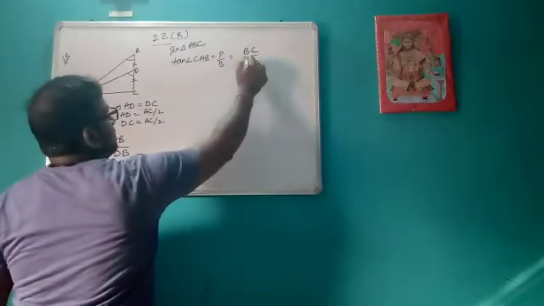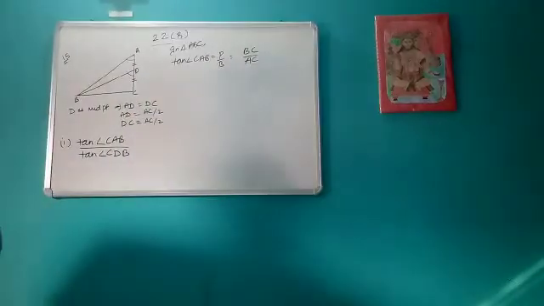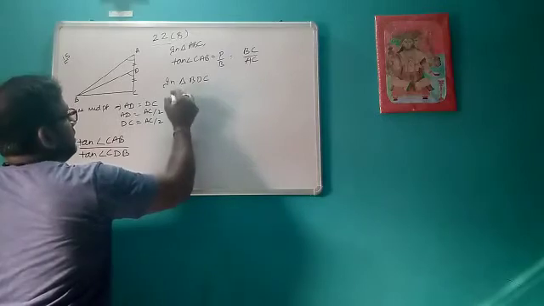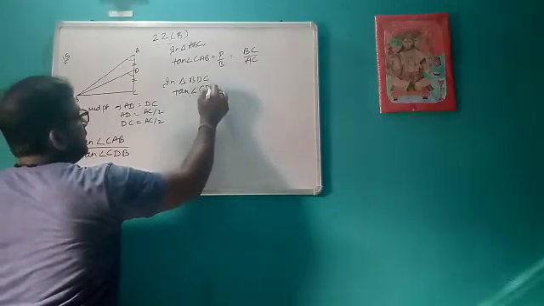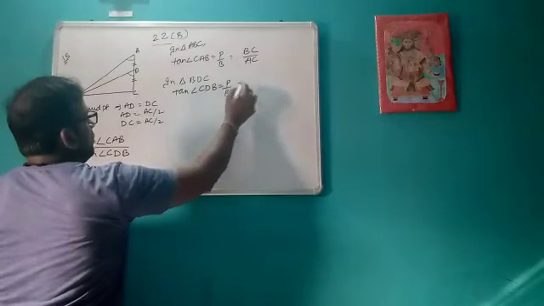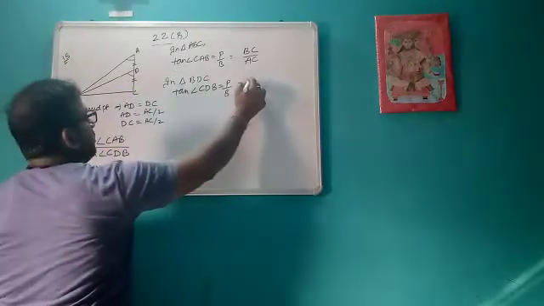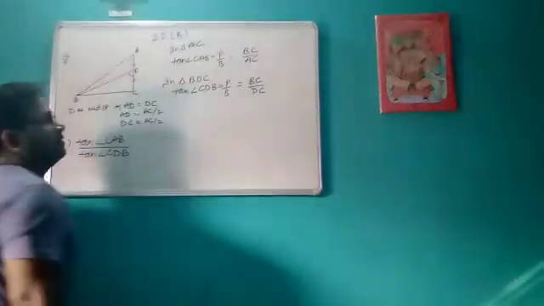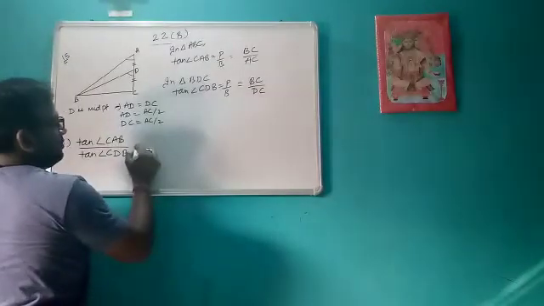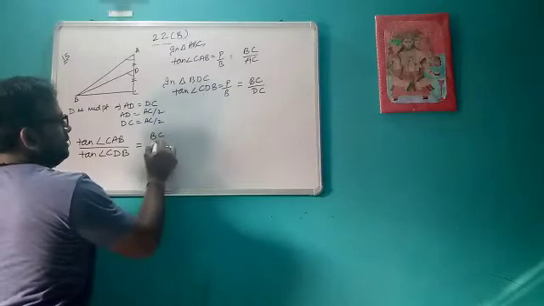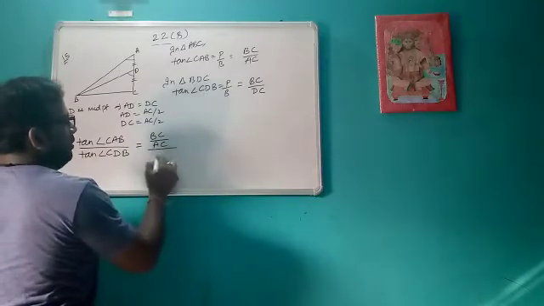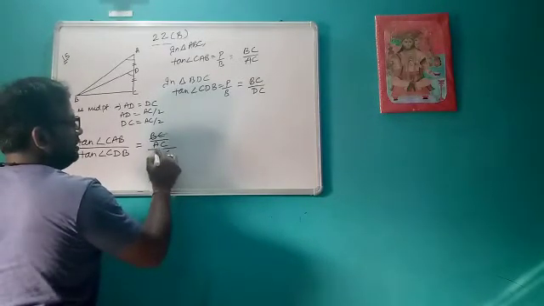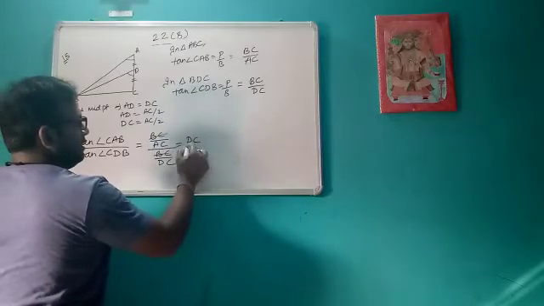And what is the base? AC. Then we will take the small triangle BDC and calculate tan angle CDB. Again it is P upon B. For this D, the perpendicular is BC, and the base will be DC. So put these values: BC upon AC upon BC upon DC. BC and BC will cancel. What you will get? BC upon DC.